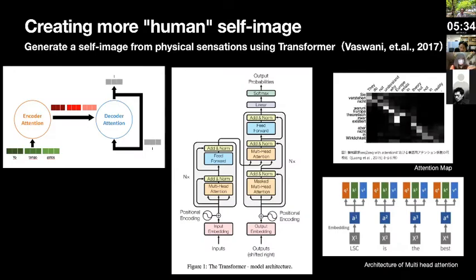Then we try to use a transformer for making self-image. Transformer is different from previous machine learning architectures. The transformer is a learning model built on a structure of where to direct attention to a given piece of information.